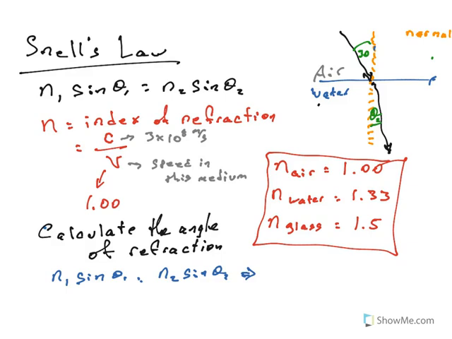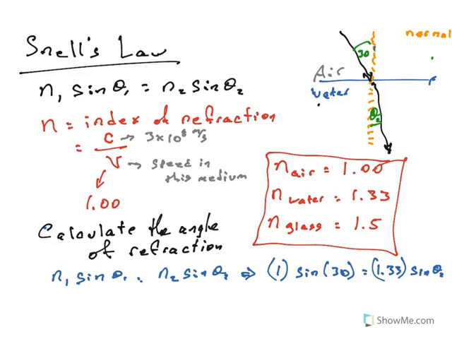So index of refraction for air, that's 1, times the sine of the angle in the air, well, we're coming in at 30 degrees, must be N2, that's the index of refraction in the medium we're going to, which in this case is water, so that's 1.33, sine of theta 2, where theta 2 is the angle I'm looking for.